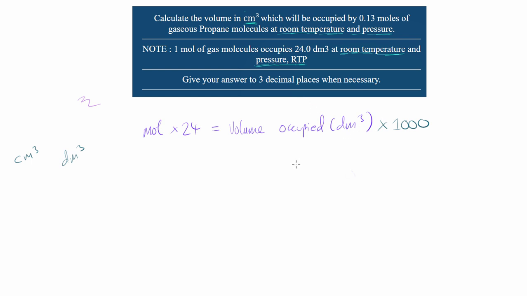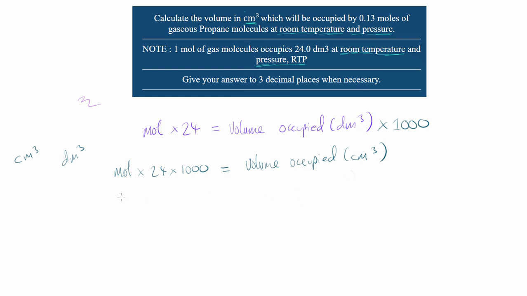And because if we're doing something to one side, we need to do it to the other side. So for the moles, this would be moles times 24 times 1000 equals volume occupied in centimeters cubed, right?